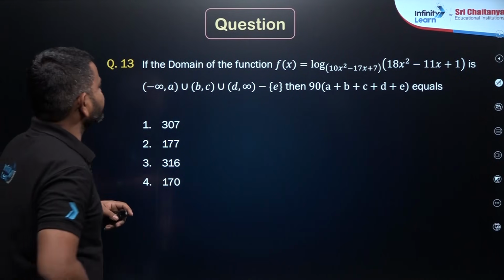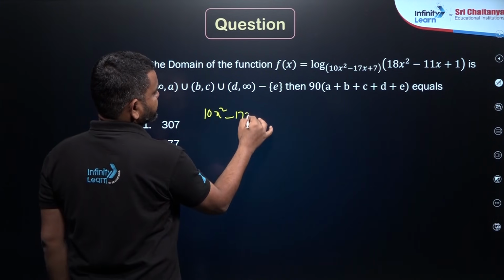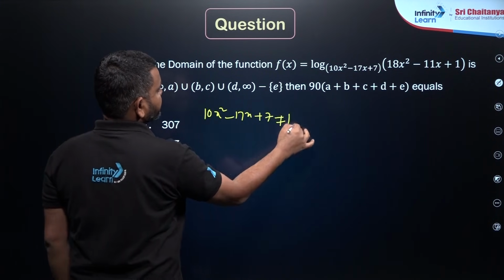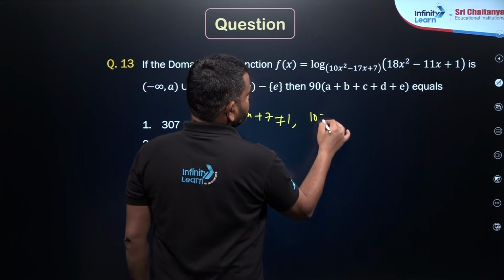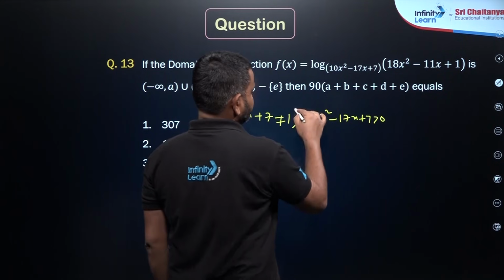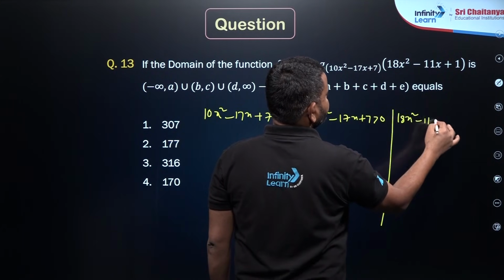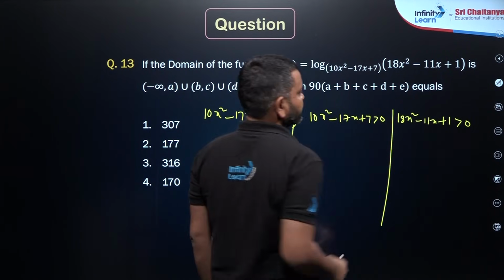Next, here we have 3 conditions. One is, first thing, 10x square minus 17x plus 7 should not be equals to 1, and then 10x square minus 17x plus 7 should be greater than 0, and 18x square minus 11x plus 1 should be greater than 0.